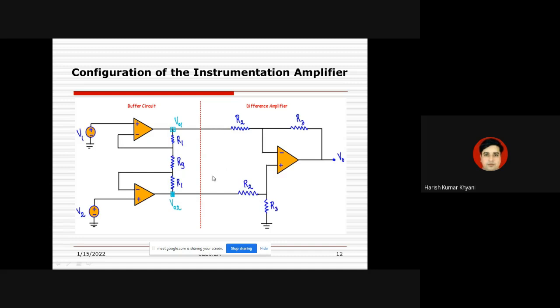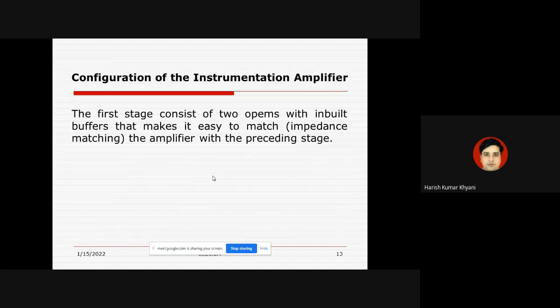So in 2 or 3 slides I have also written the configuration. So here you can see that the first stage consists of two op-amps we have seen with inbuilt buffers that make it easy to match impedance matching with the amplifying for the next, that is output stage.